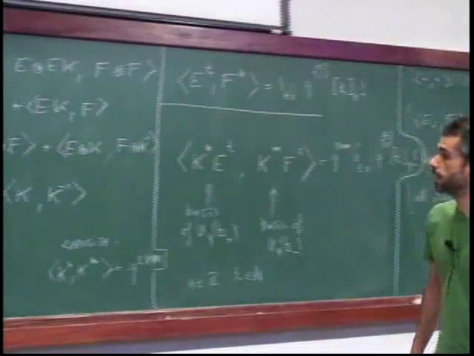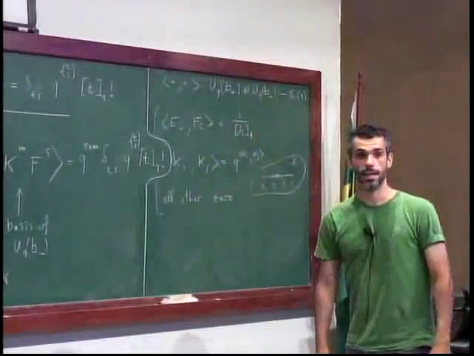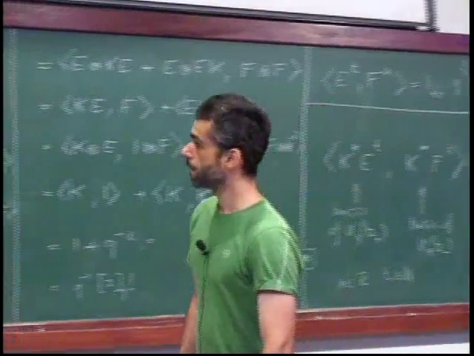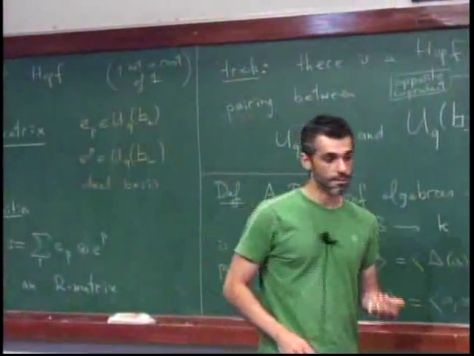Okay, so what's the way out? The way out is to try something else, because we still want to find dual bases.